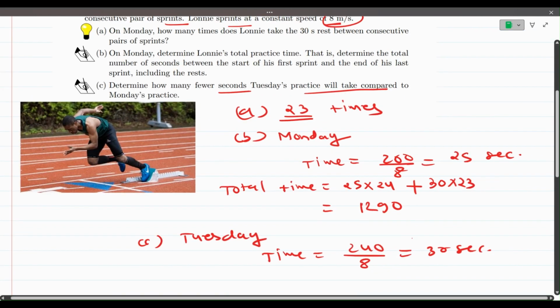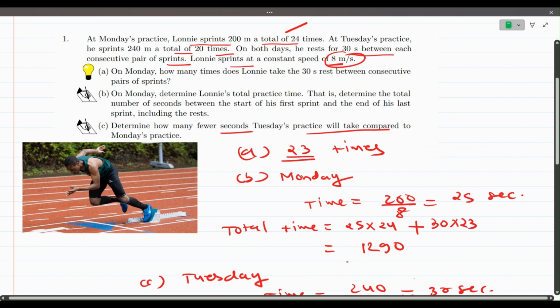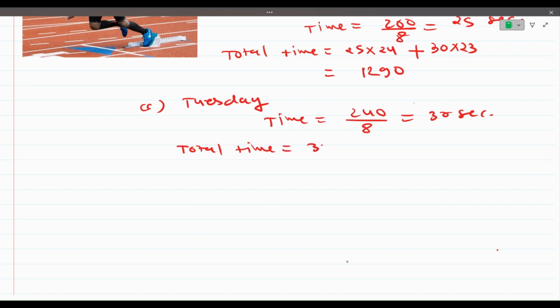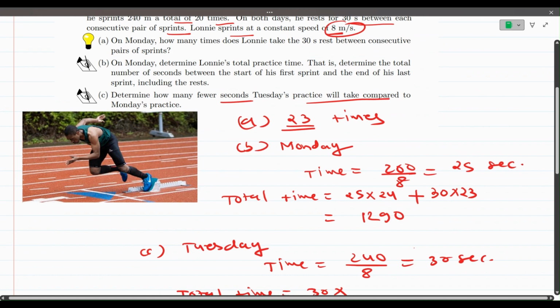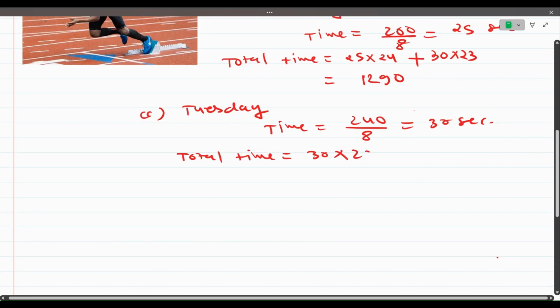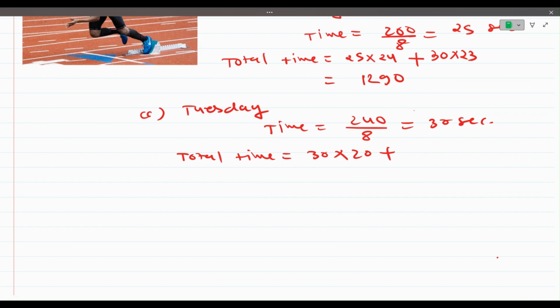And since he has taken 20 sprints, the total time would be 30 seconds for one sprint, and there are 20 sprints, so 30 times 20, plus there will be a rest of 19 times in 20 sprints, and each is 30, so we multiply by 30.